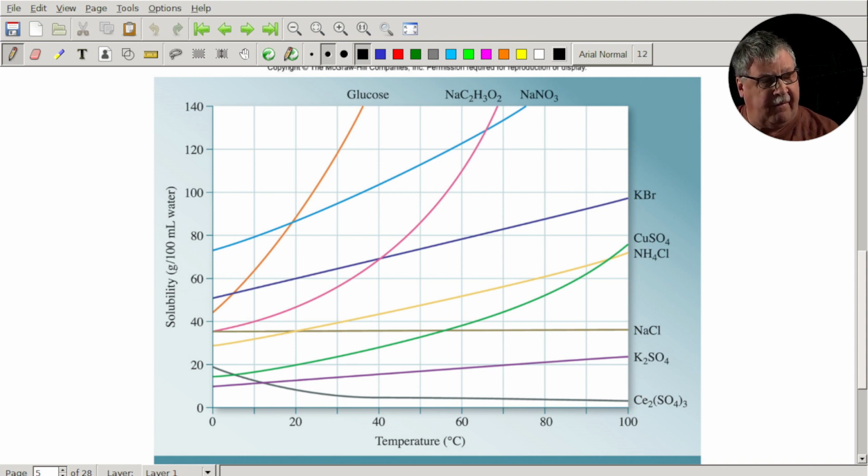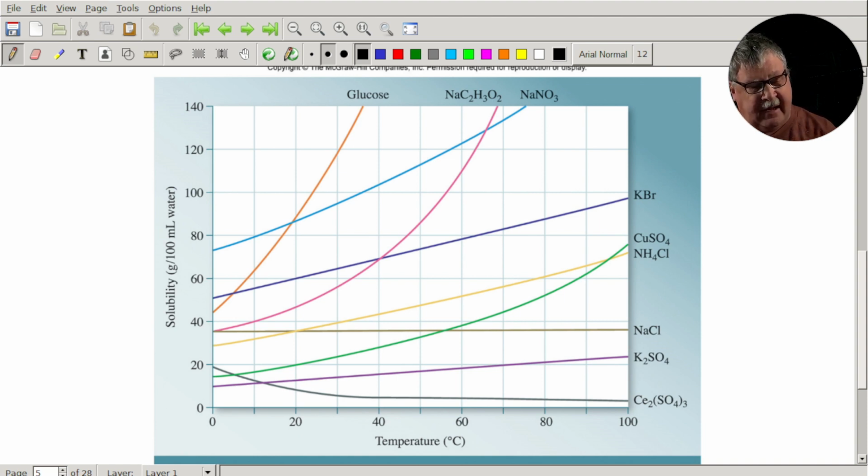If I look at both sodium acetate and glucose, we talked about at the end of last chapter as exhibiting hydrogen bonding between its molecules. There are all these OH groups on glucose molecules. And the temperature effect on those must be significant because we see the solubility of glucose just go way, way up. In fact, it goes off this chart at or below 40 degrees Celsius.